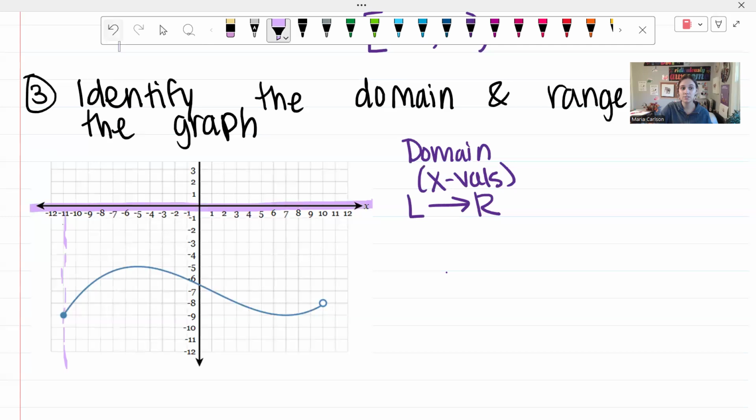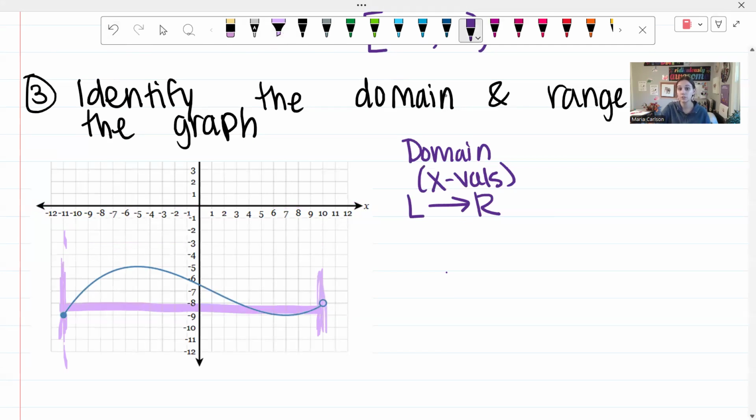And then that runs all the way up to our largest x value, which is 10, right? Our x values run from -11 up to 10.